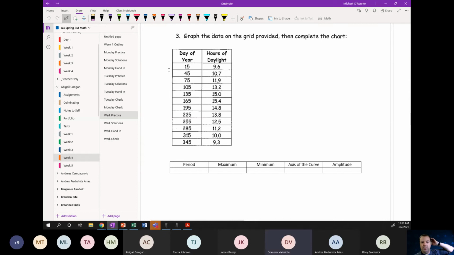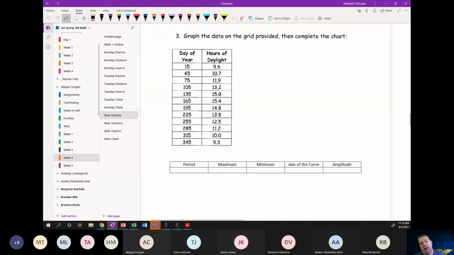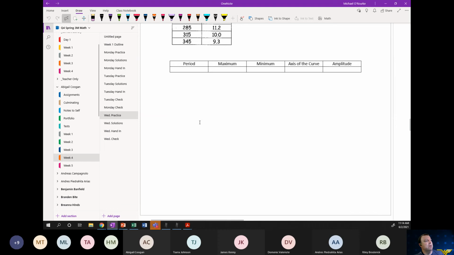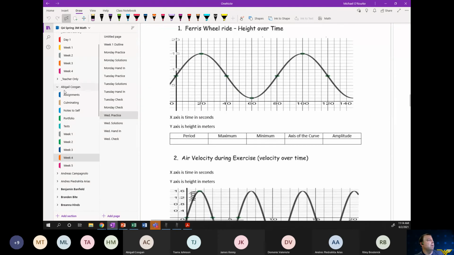What time do you want us to come back? Let's aim for noon. Okay, cool. There's only 3 questions. It should only take about 15 minutes to finish these. And then that will end us, so we'd be done all our work. We'll be done early this afternoon, but that will let people have time to ask questions for tomorrow's test. So if you're comfortable, go through and do that.